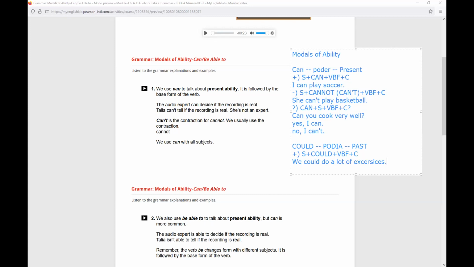Okay. So in negative, what can we do in negative? It's gonna be with not. Couldn't, yes, like here, couldn't or could not.